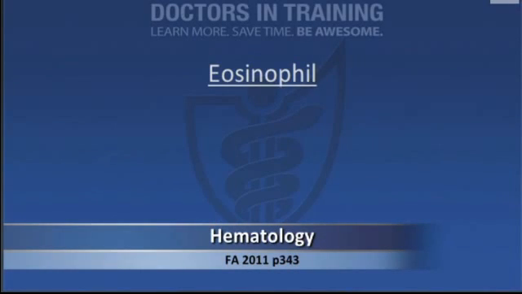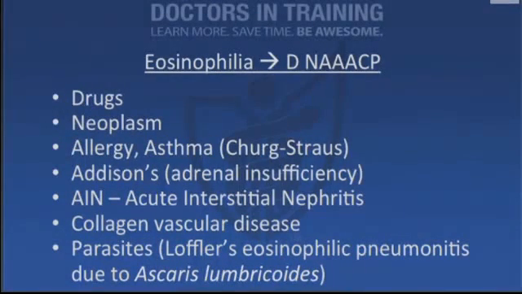Eosinophils is the next section. So in the margin, it says causes of eosinophilia. We've mentioned the different causes, and I amended the mnemonic to what you see on this slide here. DNAACP to help you remember these: drugs, neoplasm, and then your atopic diseases, allergy, asthma, and then Churg-Strauss with that. Addison's disease, which is primary adrenal insufficiency.